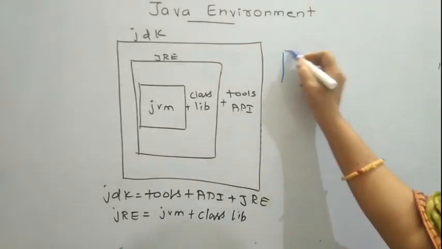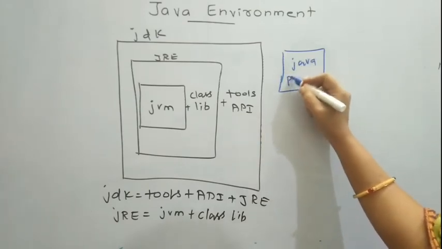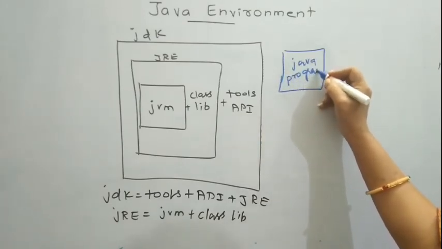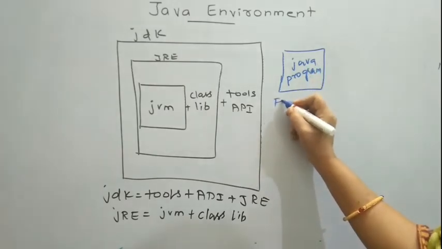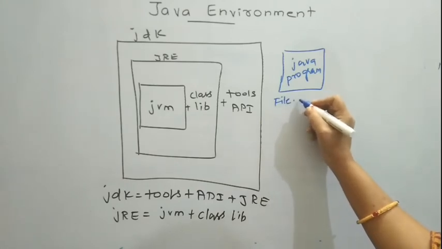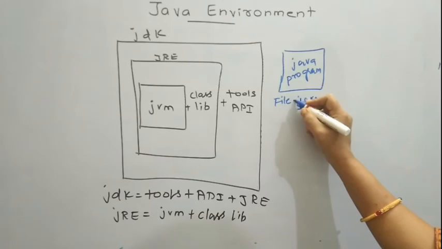So we have our Java program. When we store our Java program, we give the file name with the extension .java. The extension for a Java program is .java.